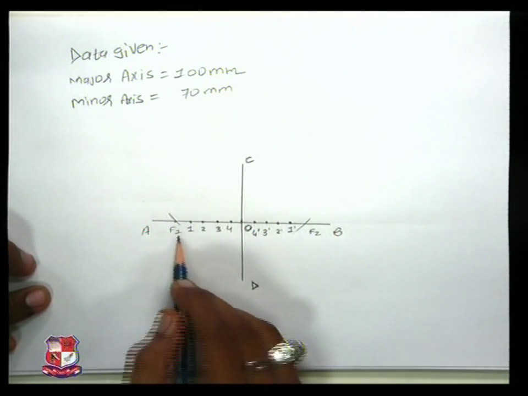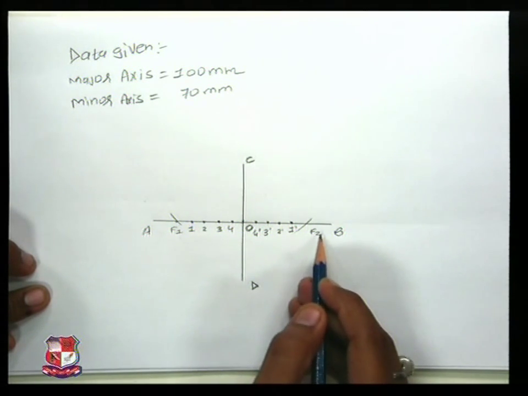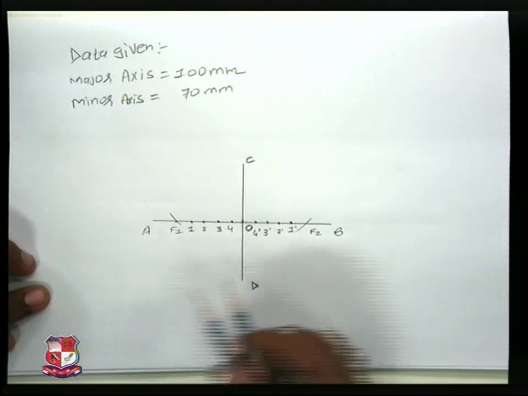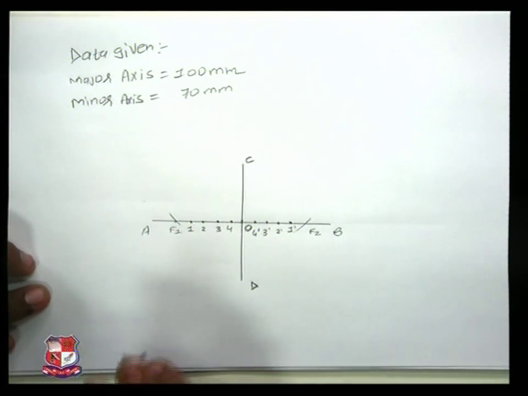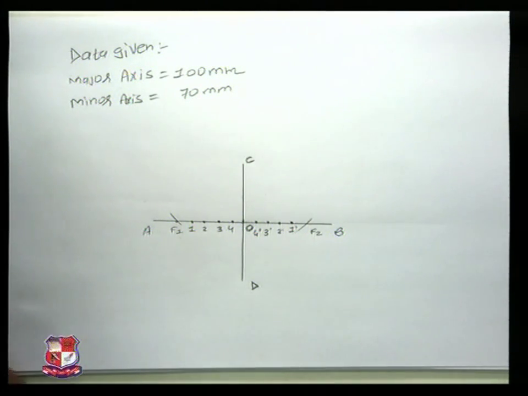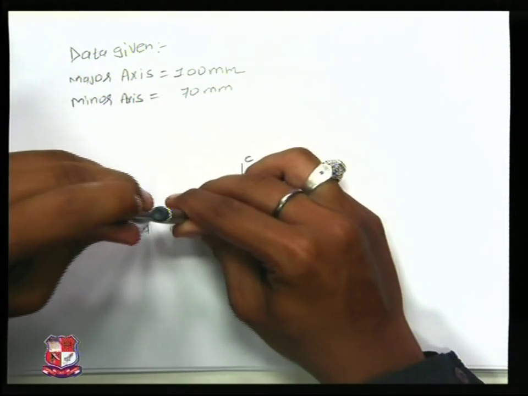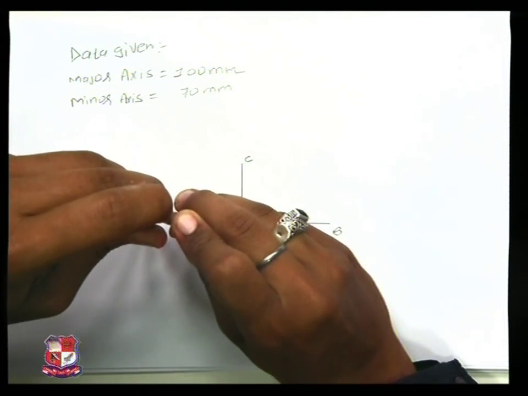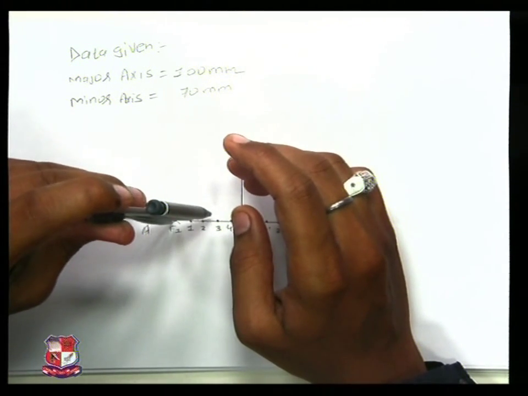Over here the next point to the focus is 1, 2, 3, 4. On the other side, the next point to the focus goes in the minus direction, so 1, 2, 3, 4 in this direction. Why? We'll see. Now take the radius of A1, and take F1 as the center.